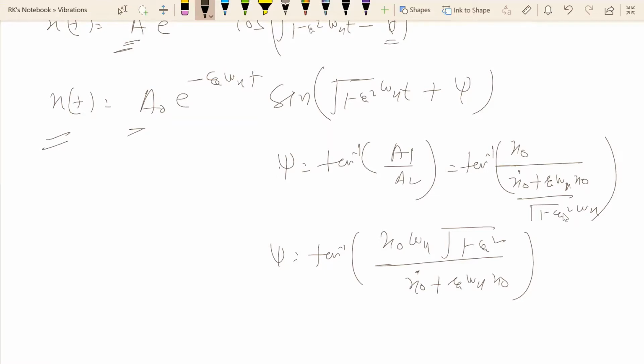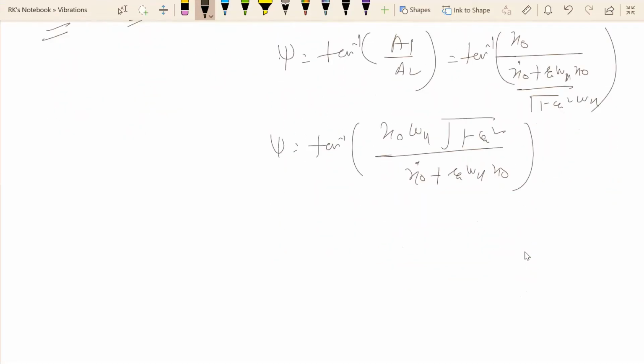Now here, square root of 1 minus zeta squared times omega n is omega d, the frequency of damped vibration. In all these forms of the solution, we can replace square root of 1 minus zeta squared multiplied by omega n with omega d, the frequency of damped vibration.